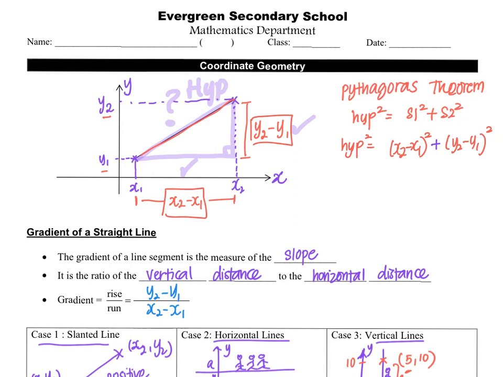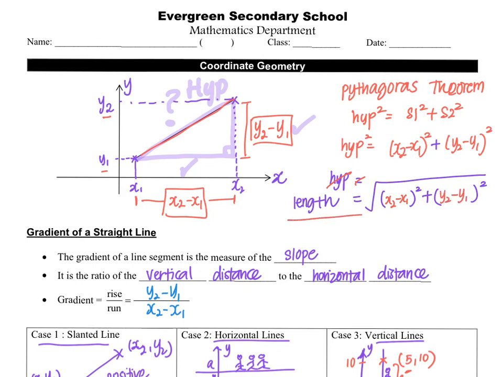That means the length of the line segment will be the square root of something square plus something square, just like the Pythagoras theorem, but the numbers inside are x2 minus x1, y2 minus y1.